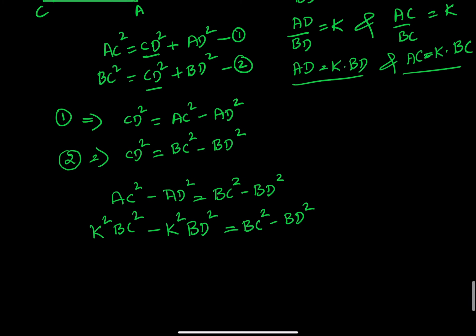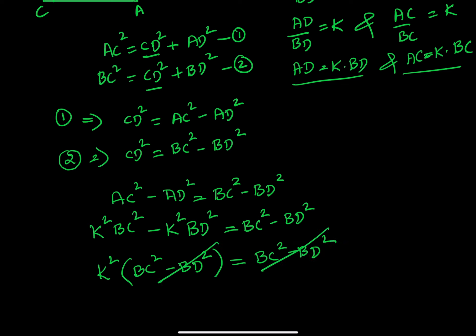So here K square can be taken as a common value between these two. So this will be K square times BC square minus BD square, equal to BC square minus BD square. So this cancels. We'll get K square is equal to 1.